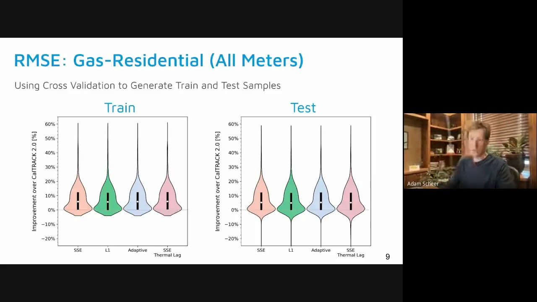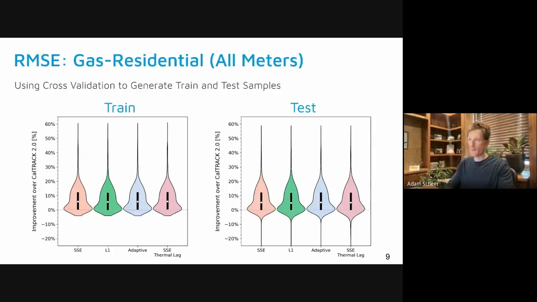Now, when we look only at the meters for which a split occurred, I've mentioned that the model is allowed to split between seasons and weekends versus weekdays. Now we see dramatic improvement over the Caltrack 2.0 model. But the problem that we're trying to understand and wrap our heads around right now is that this split is only occurring for a small minority of meters.